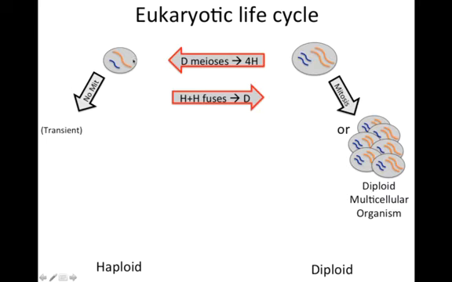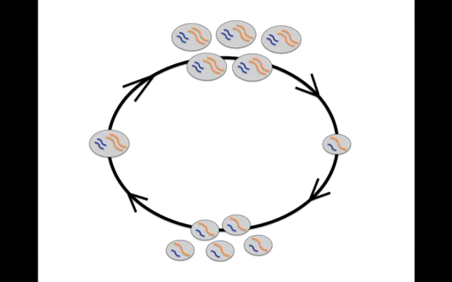Once an egg or a sperm cell is created, the next cellular event is that they fuse to create a diploid. So we can summarize the human life cycle by saying the diploid stage is a multicellular stage, and the haploid stage is transient. It does not undergo mitosis. All right, let's practice another case.